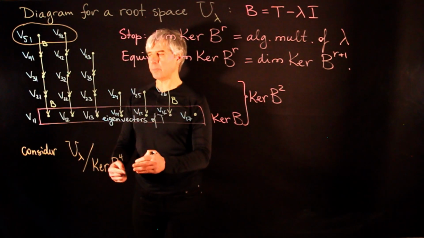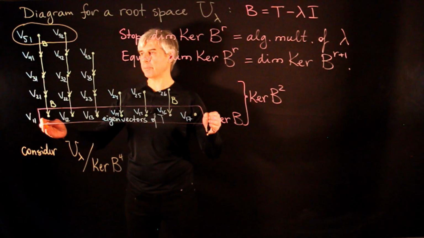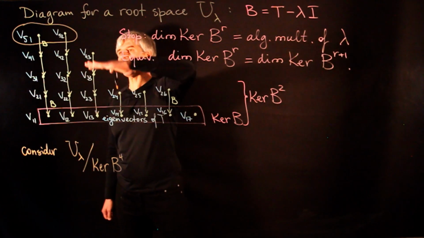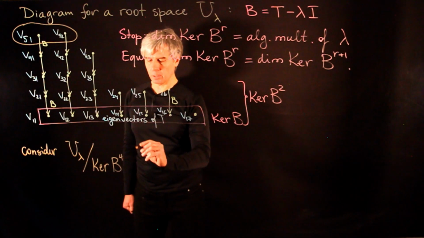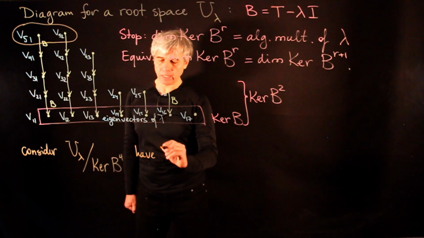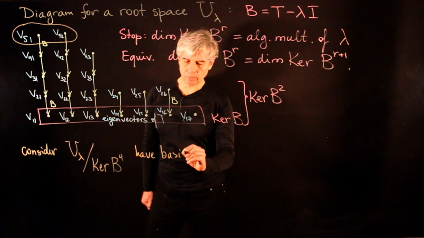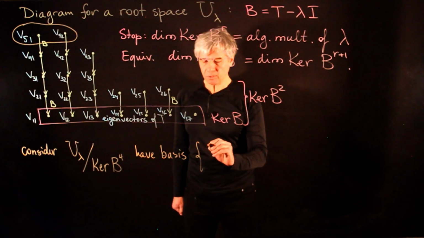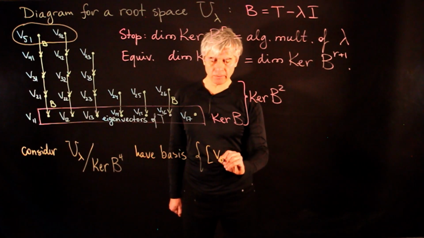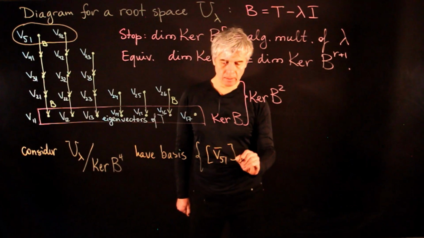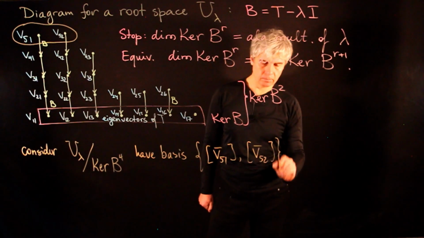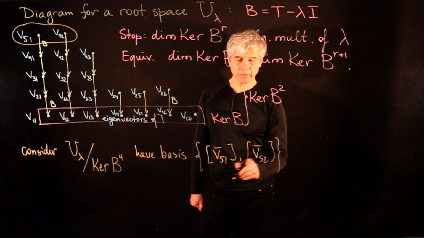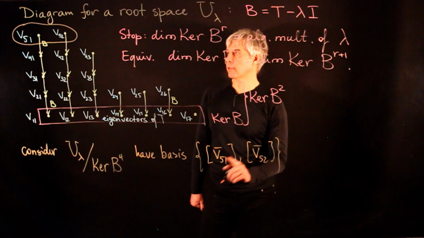The kernel of b to the power 4 will be spanned by all the vectors up to the 4th layer. So this quotient will have as a basis the equivalence classes of vectors v51 and v52. This will give us these 2 vectors on the top that we seek.